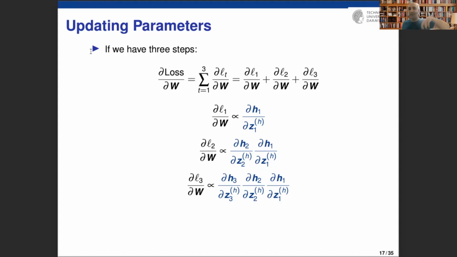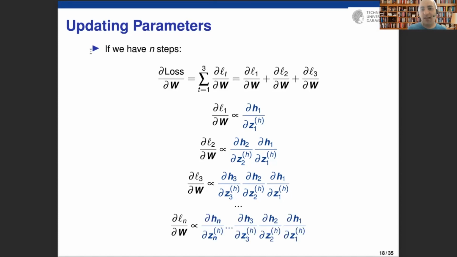Then the derivative of the second loss with respect to W is a factor of the derivative of the activation function of the hidden state in the first and the second step, and at the third step we have the derivative of the activation function 3 times, from the first step until the third step.